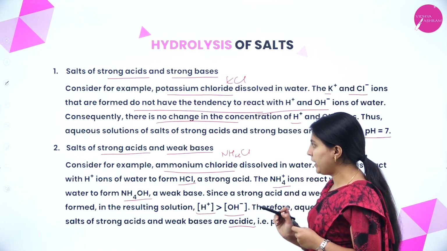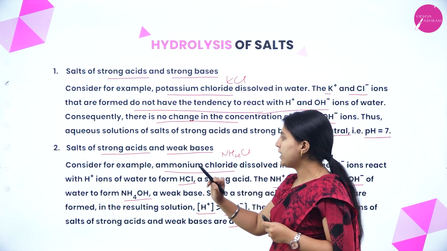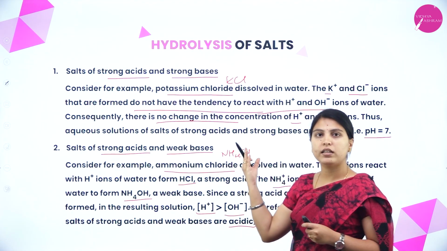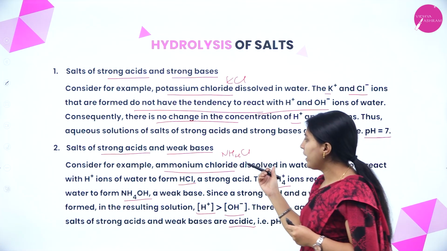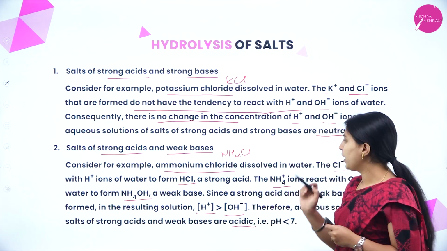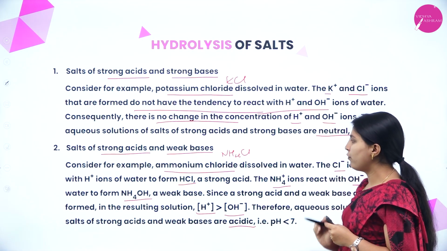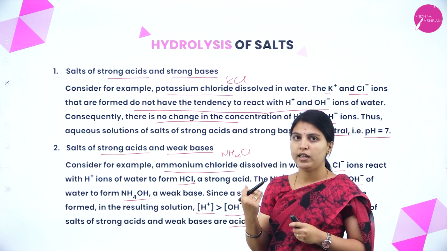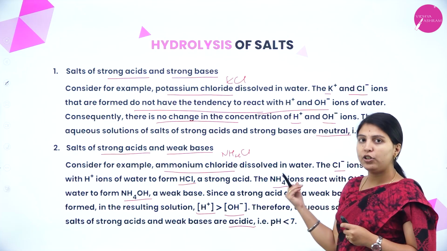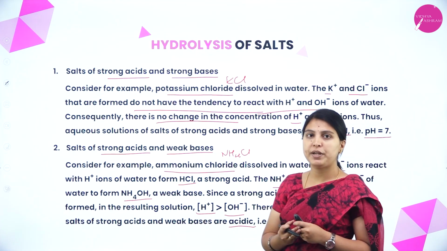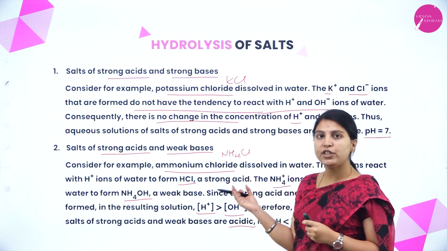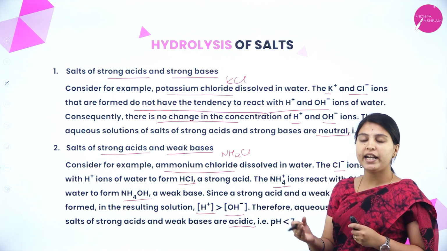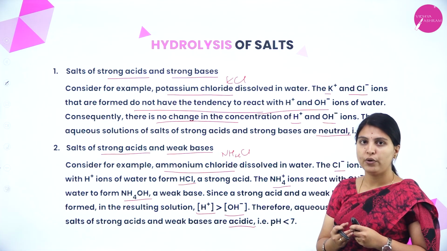Once again I am explaining, whenever we observe salts of strong acid and weak bases, we take one example, ammonium chloride, that is a salt. It is dissolved in water. Obviously NH4+ ions and Cl- ions will liberate. That Cl- ion will react with H+ ions of water, and NH4+ ions will react with OH- ions of water.